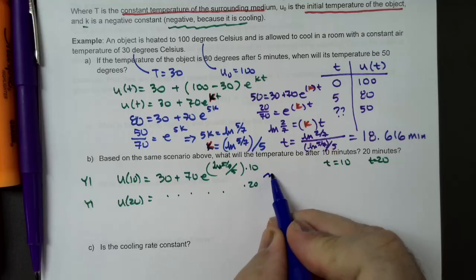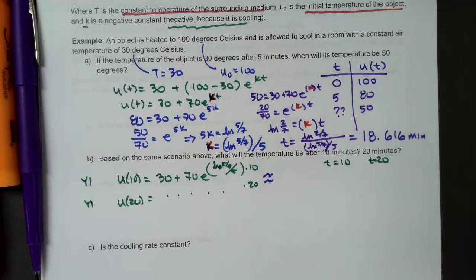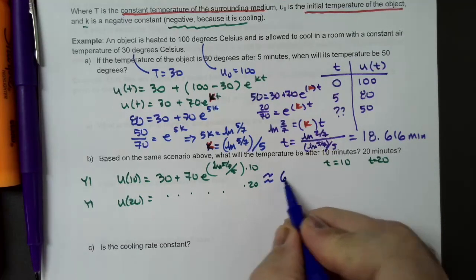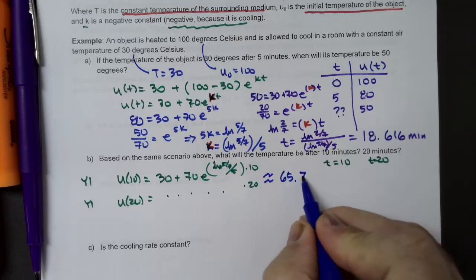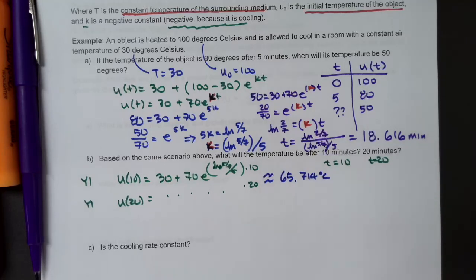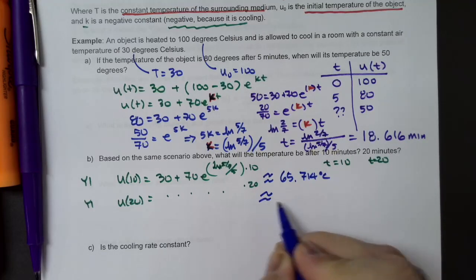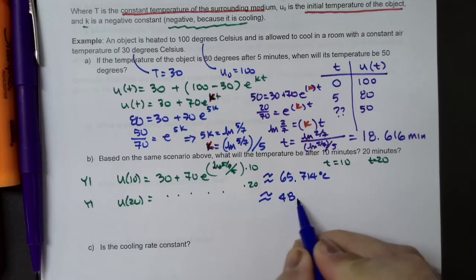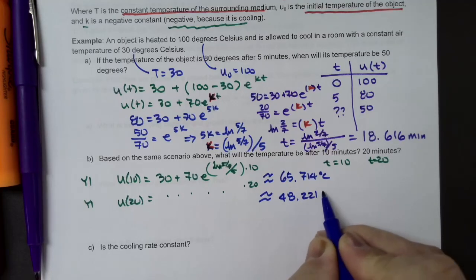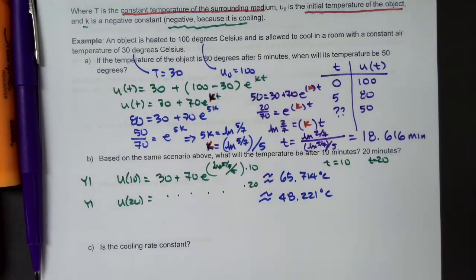And if you want to check your work, your ability to use your calculator, you should get 65.714 degrees after 10 minutes, but only down to 48.221 degrees after 20 minutes.